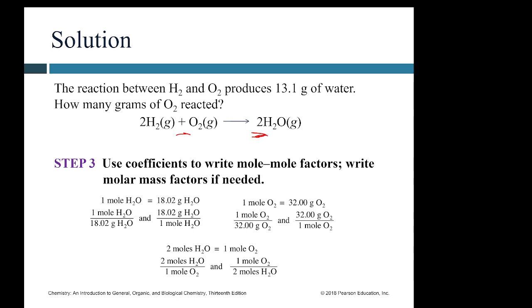Yeah, so I take oxygen, 16, plus 2 1s, which are hydrogens, and that gives me 18. The next one I'm going to do is oxygen. That's 16 each, times 2. And so that's 32 total, right? Now again, it doesn't really matter which way I write these because I can always flip them later when I need to, right?